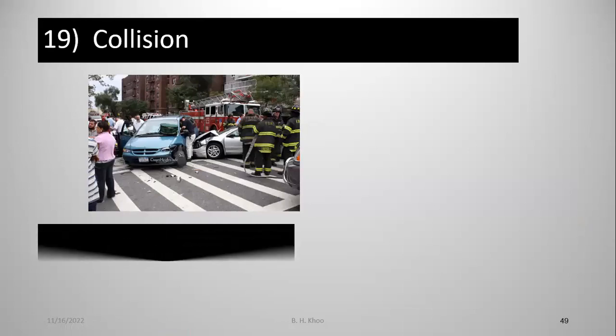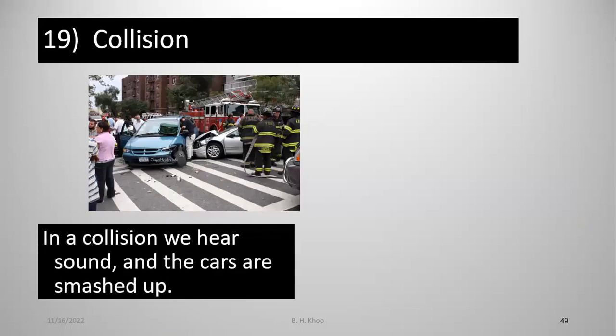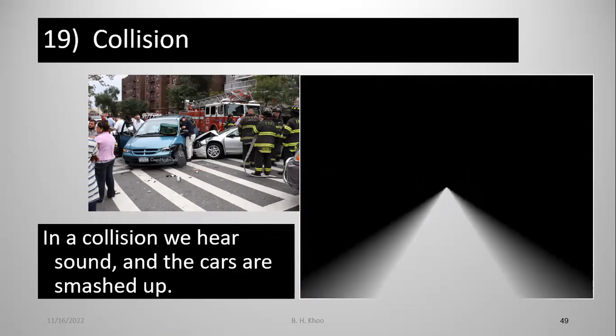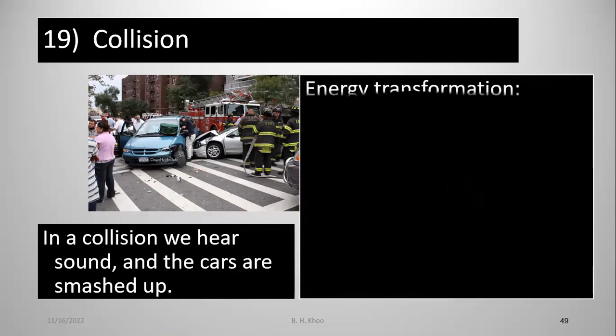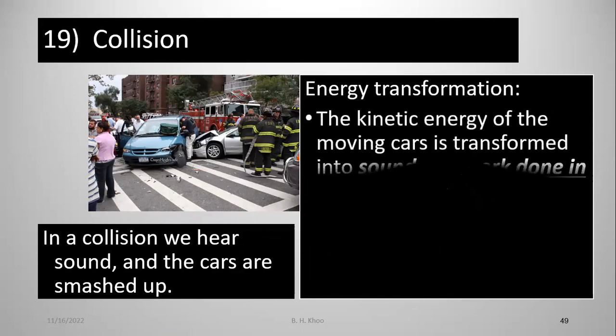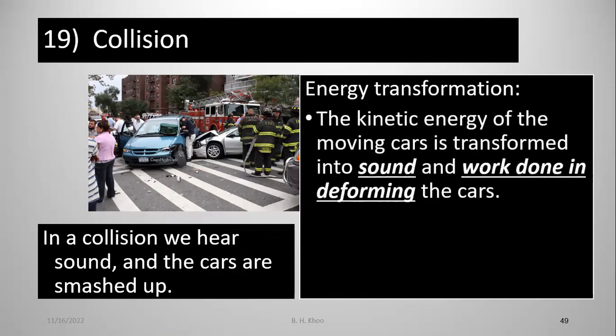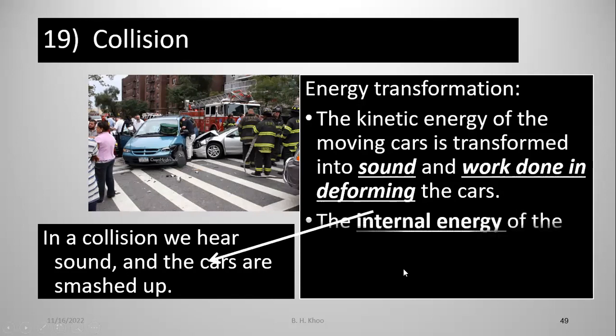In a collision, we hear sound and the cars are smashed up. In this case, the kinetic energy of the moving car is transformed into sound and work done in deforming the cars. The cars are all bent up and damaged, so that is where the work done goes. When you touch the car, you feel it warm, so that is internal energy.